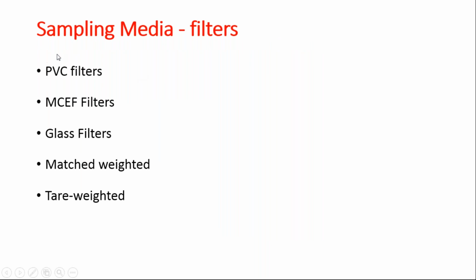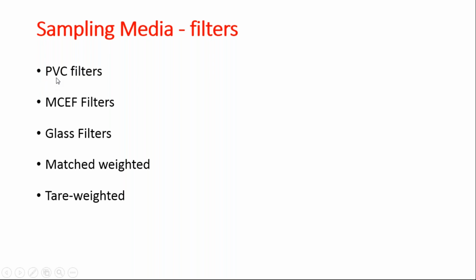Our next topic is sampling media. Our sampling media may be filters. Our sampling media may be sorbent tubes. Filters are mostly used for dust, for particulate, for particles. There are different kinds of filters.